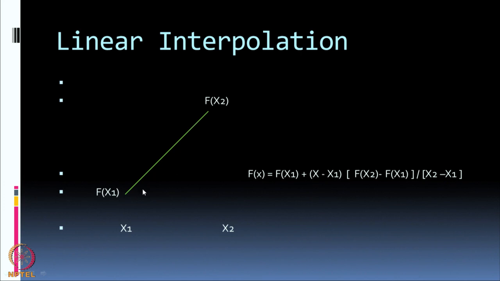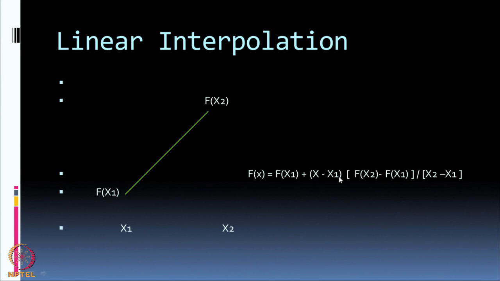What is the slope? f x 2 minus f x 1 divided by x 2 minus x 1, times x minus x 1. When x is equal to x 1, this term is 0, then f x equals f x 1, that is my starting point.